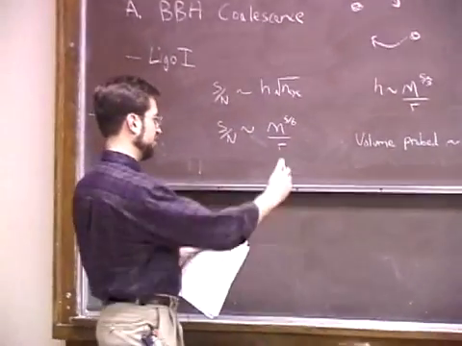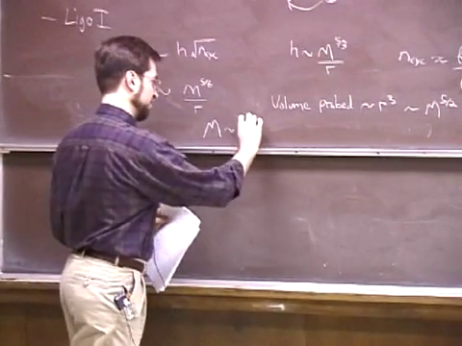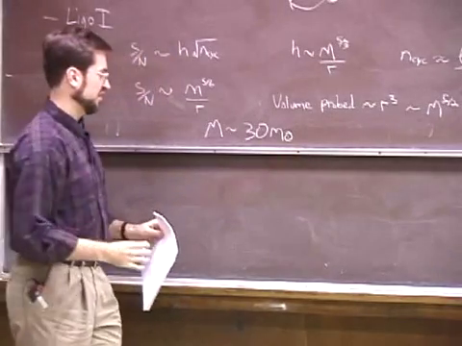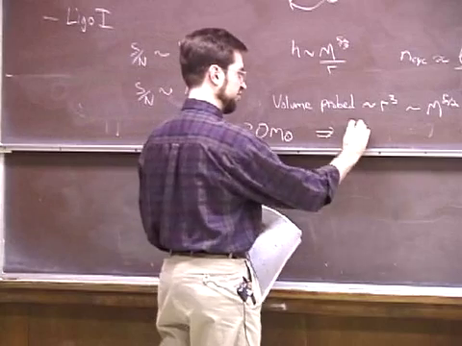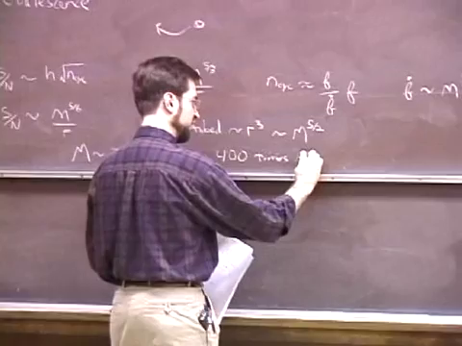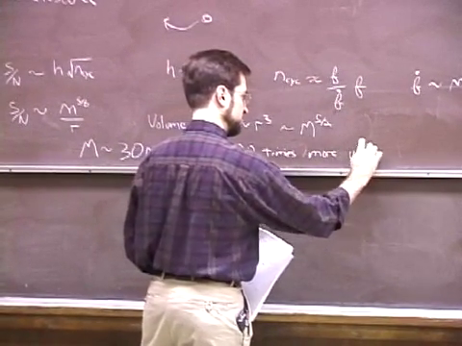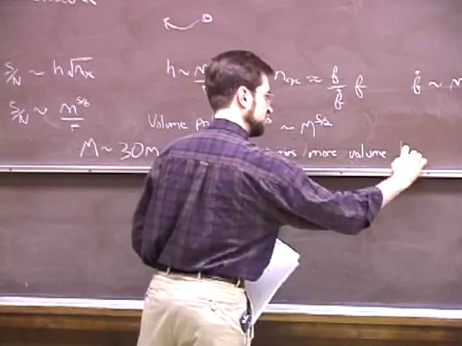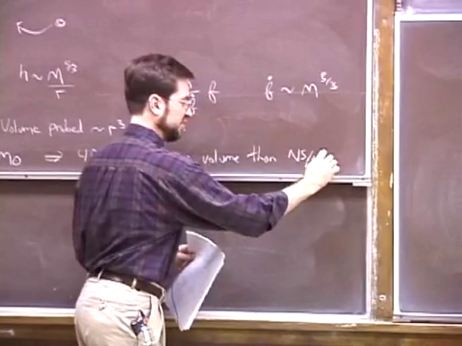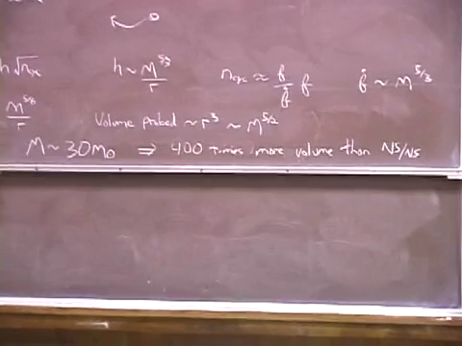And it so happens that if m, the total mass, is about 30 solar masses for the binary, then this is 400 times more volume than a neutron star binary, where neutron stars are about 1.4 solar masses.